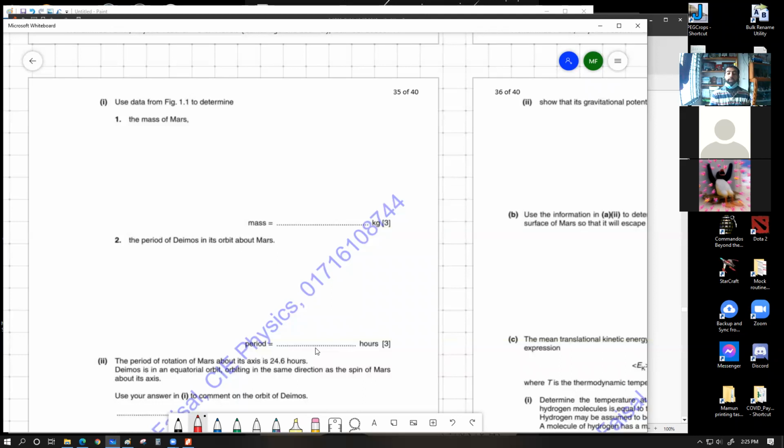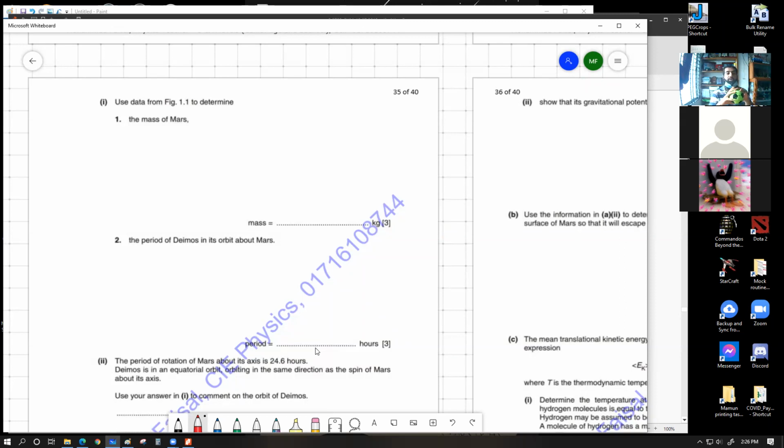Now, that's not the case for Deimos, because the spin of Mars takes 24.6 hours, whereas the orbit of Deimos takes 23 point something hours, which means every 24 hours Deimos would be lagging a little. Deimos would require 23 hours for one full rotation, whereas Mars would require 24 hours.